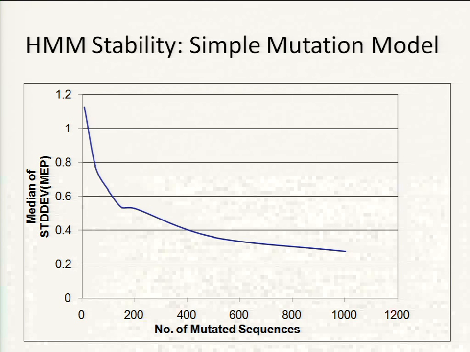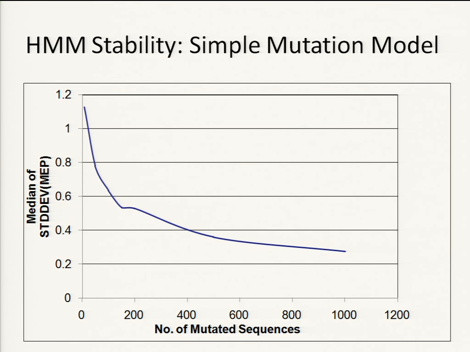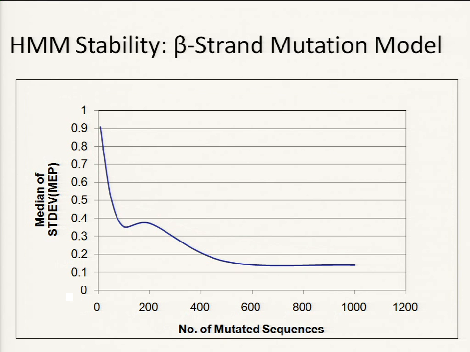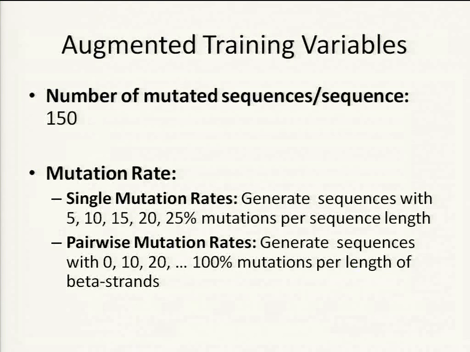For the beta strand mutation model, again we pick 150 sequences, but one can pick more sequences if they want a lower deviation in error. So the first variable in our experiments is the number of sequences, 150.